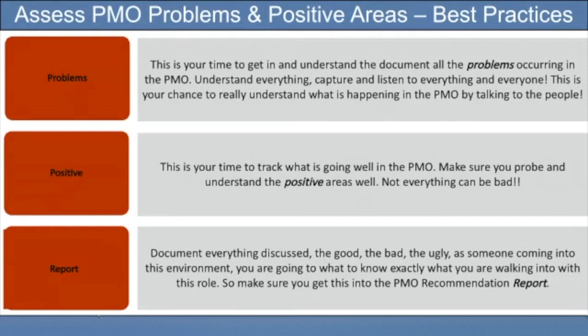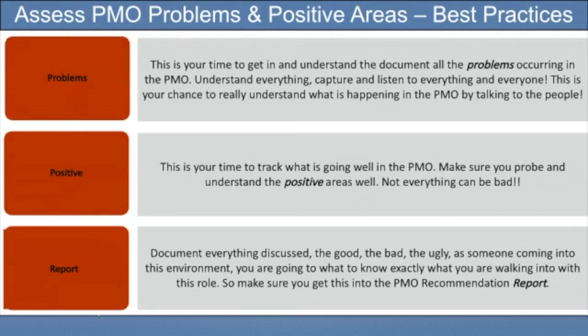So what's going well? This is time to track the positive areas. Like I said earlier, not everything can be a problem. There have got to be some things that are working out well. Make sure you probe and get the positive areas. You're often going to hear problems: this is wrong, this is wrong, this is wrong. It's so important to get the good things as well. Document everything, the good, the bad, the ugly, everything.